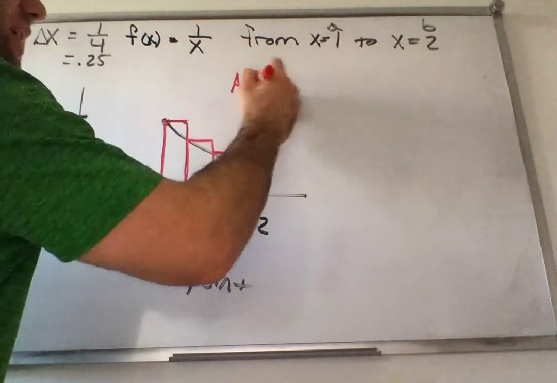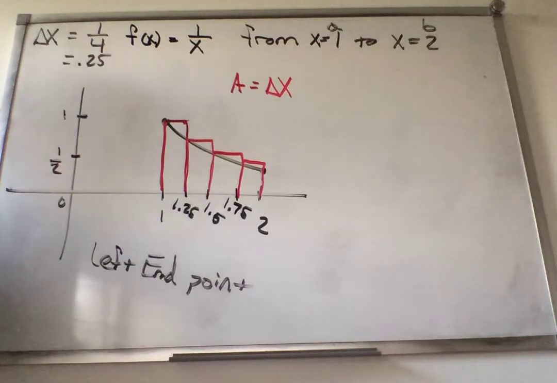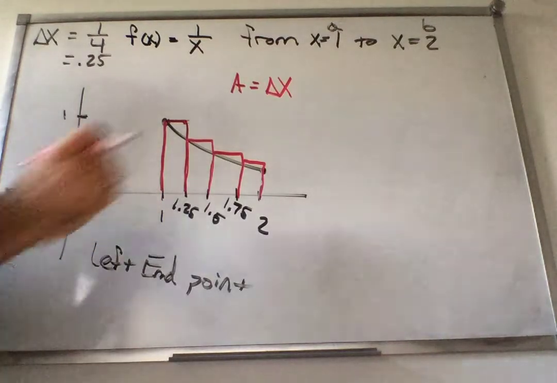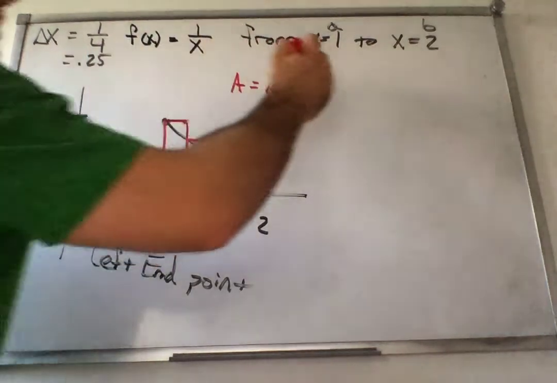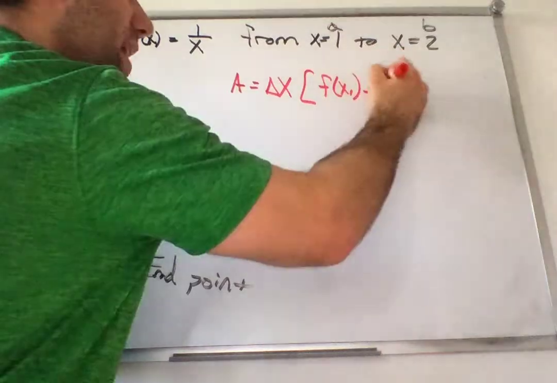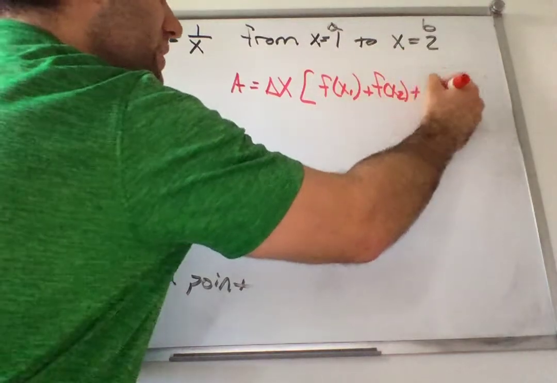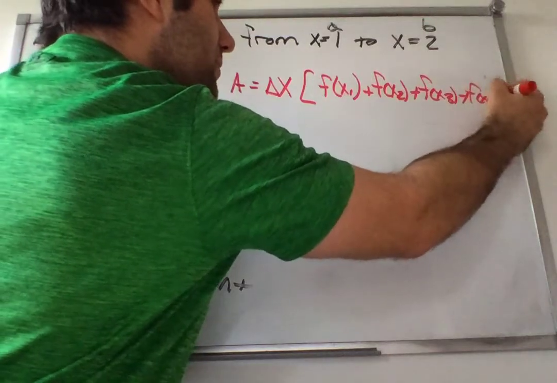Remember delta x is the same throughout the entire thing, so we can factor out a delta x times f of x1 plus f of x2 plus f of x3 plus f of x4.